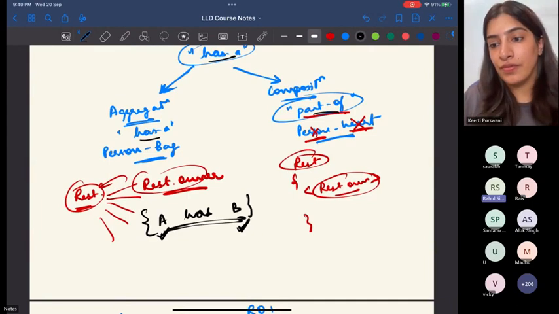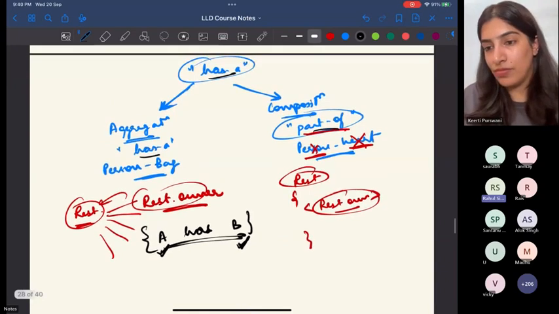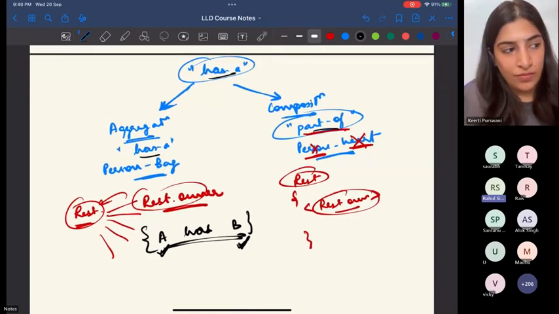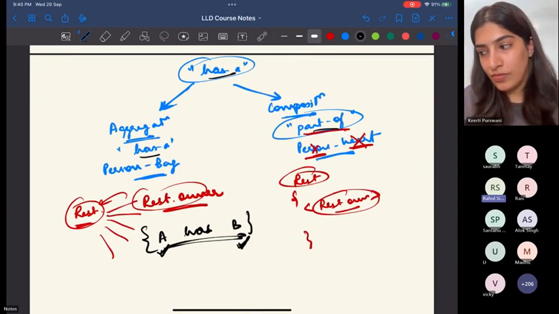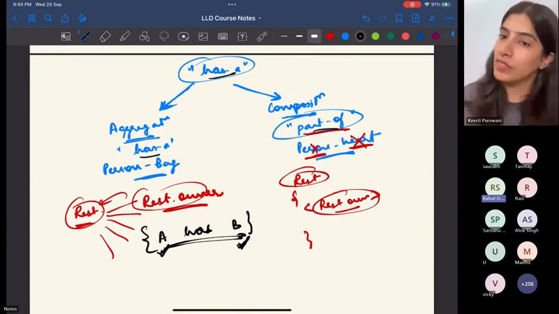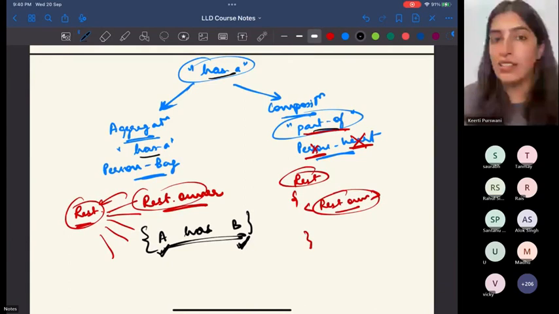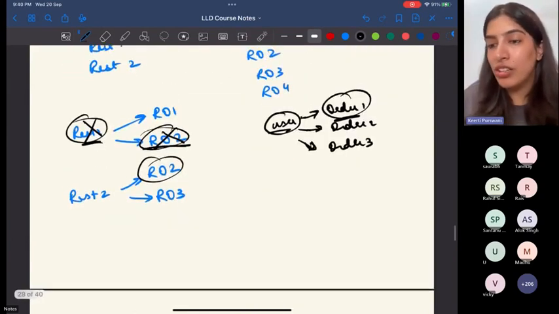Kirti, can we say that if there is a many-to-many relation, not a one-to-one relation, then there will never be composition? There will be aggregation only. Correct. Very good. That is completely true.